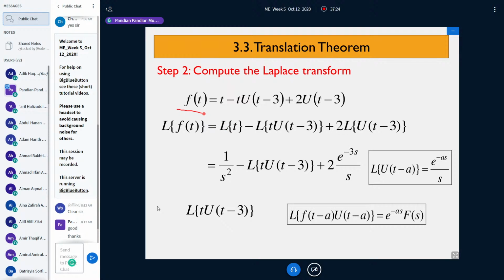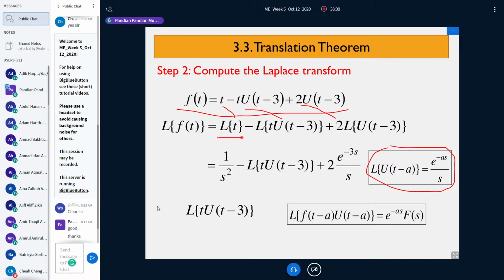Laplace of f(t). So you take out Laplace of f(t) one by one, yeah? Laplace of t, Laplace of t u(t minus 3) plus, of course, Laplace of 2 u(t minus 3). They already taken out 2 Laplace of u(t minus 3). This formula is for Laplace of the unit step function u(t minus a) equals e power minus as over s.